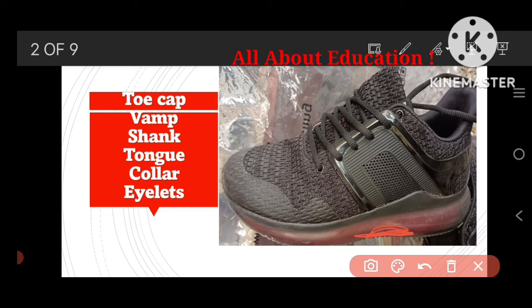Now the other part is tongue. Tongue, very simple. It looks like a tongue, as we have a tongue in our mouth. Then the next one is collar. Collar is just as you see the collars in your shirts.